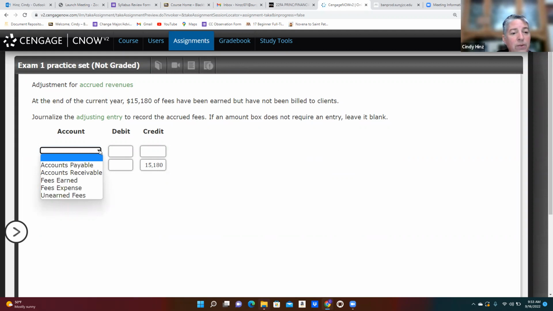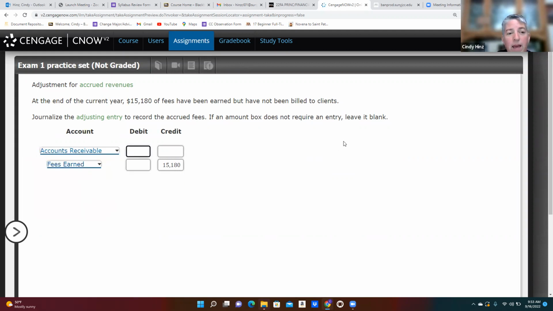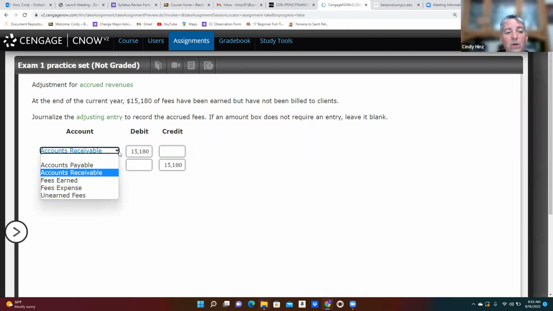Because I don't see another one that would work better, I'm going to use accounts receivable, because that represents that our customers owe us. I don't really like that account title, and we'll talk about it in chapter 8 on receivables. We'll talk a little bit more about why I personally think it should be a different account title.